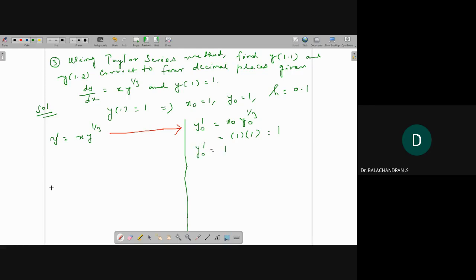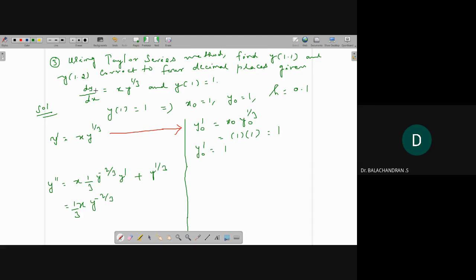So next we find y double dash. Y double dash is equal to, using the UV rule, x into 1 by 3 y power 1 by 3 minus 1, that is minus 2 by 3, into y dash, plus 1 into y power 1 by 3. Now this is equal to x into 1 by 3 into x y power minus 2 by 3.